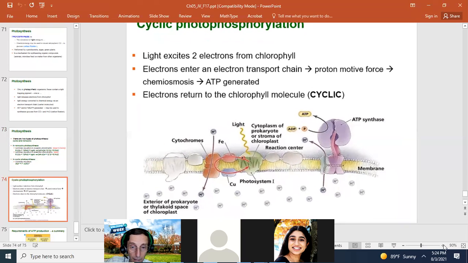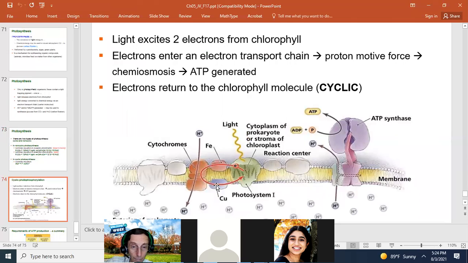Let's blow that up a little. Hopefully this looks familiar to you. Along the way, as the electron is moving, when the electron moves through this protein, it gives the protein the energy it needs to pump hydrogen ions from this side of the gradient to that side of the gradient.